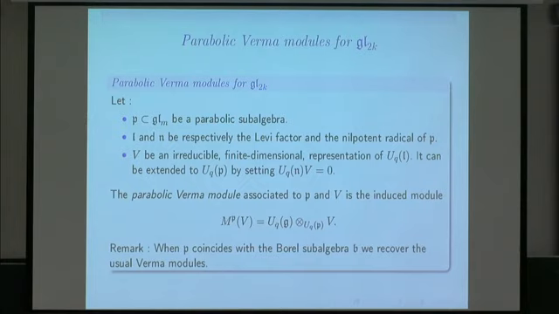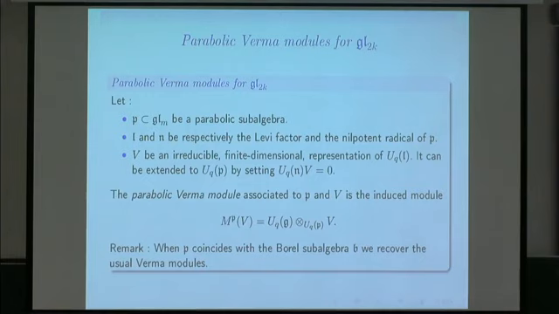So then there are two factors we can construct out of the choice of a parabolic subalgebra, called the Levi factor, and there's some nilpotent radical. We take an irreducible finite dimensional representation of the Levi factor, so this is a Lie algebra, and extend to the parabolic.